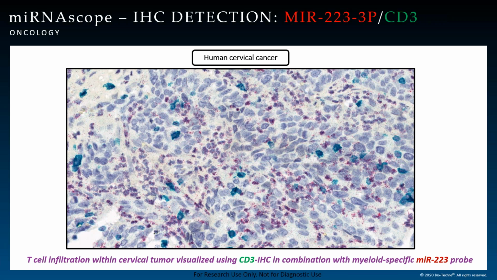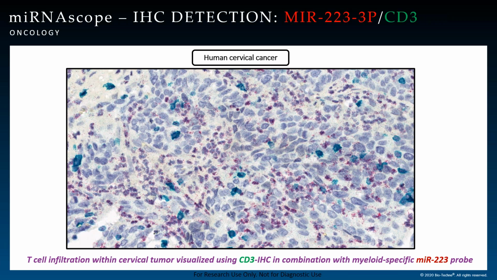And in this way, we have enabled miRNAscope detection on both manual as well as on the Leica platform. Now, this capability has been optimized. And if you already have pre-established RNAscope IHC parameters, you can transfer those same parameters and apply them to miRNAscope.